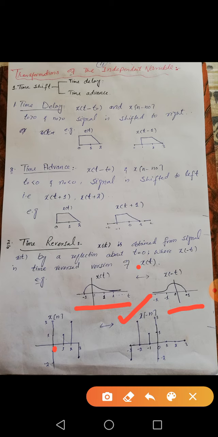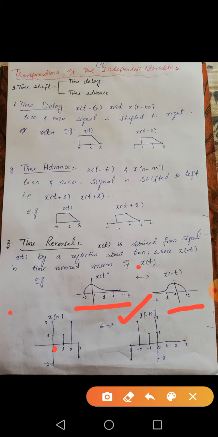If you see, the value at n is equal to 1 will be appearing at n is equal to minus 1. The amplitude is not changing, however the position of the sample does change. The sample in x of n at n is equal to 1 will be shifted to n is equal to minus 1.